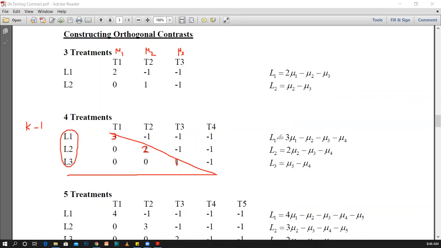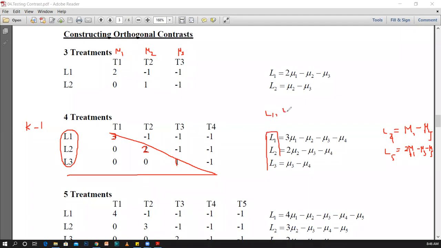But these are not the only contrasts we can define; there are many more. Think about L4, which I define as mu1 minus mu4. I can make another contrast, L5, as 2 times mu1 minus mu3 minus mu5. Likewise, I can make any number of contrasts, but the first three contrasts are definitely orthogonal.